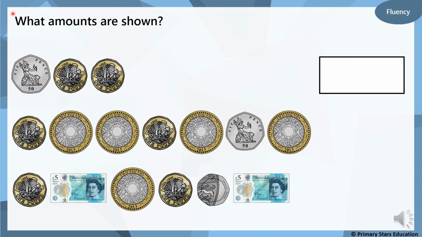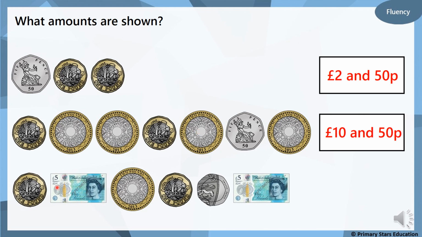Having a look here, we've got some different amounts with different combinations of coins. So we've got a 50p, a £1 and a £1. So we've got £2 and 50 pence. Have a look at the next one. We've got £1, 3, 5, 6, 8, £8.50, £10.50.